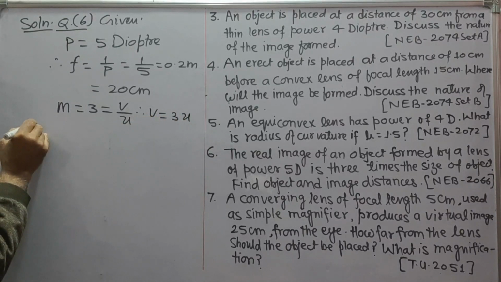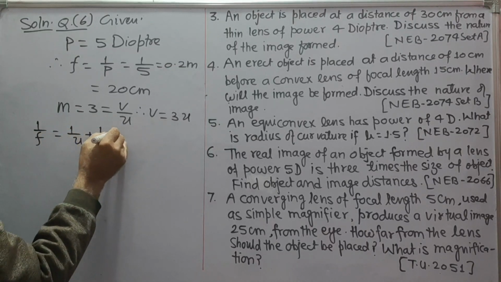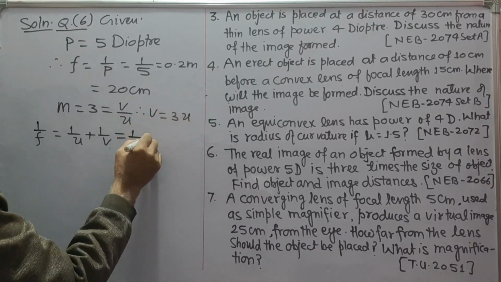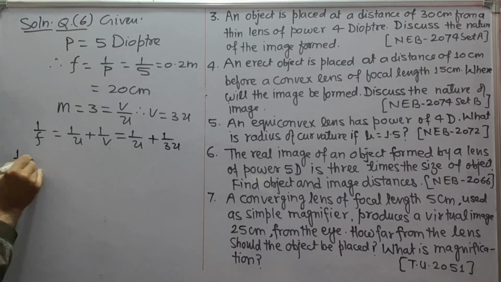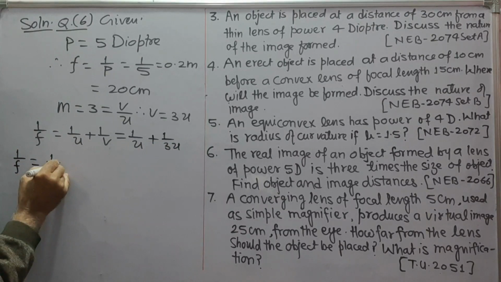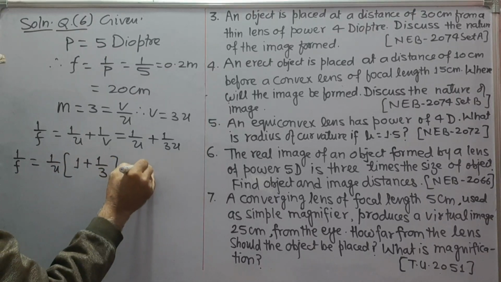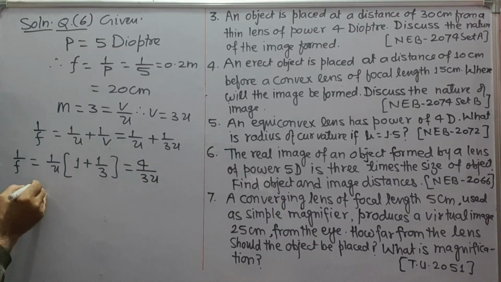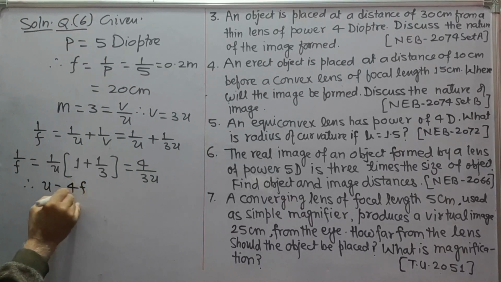Now, from lens formula, 1 upon f is equal to 1 upon u plus 1 upon v, which is 1 upon u plus 1 upon 3u. 1 upon f is equal to 1 upon u taken common, 1 plus 1 by 3, which is 4 by 3u. Therefore, u will be equal to 4f upon 3.